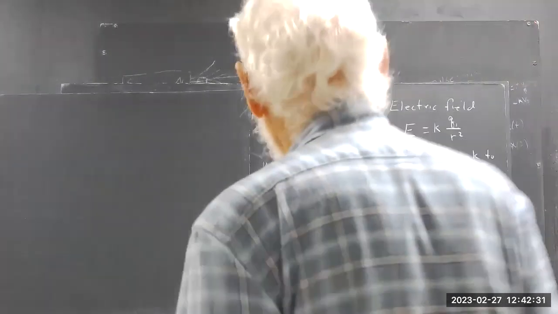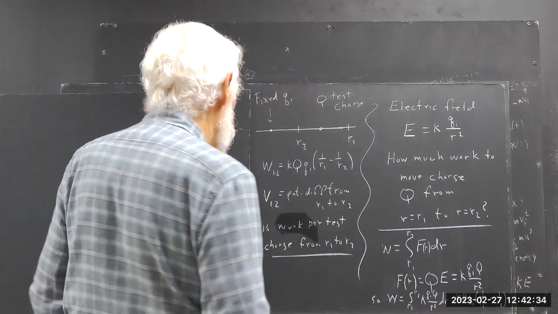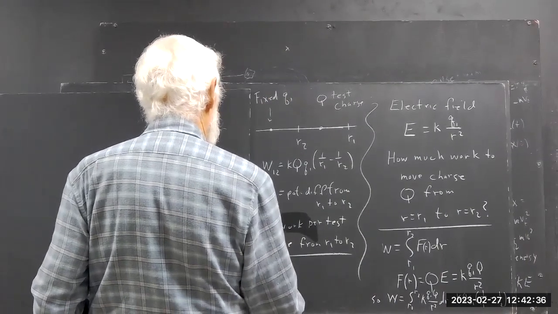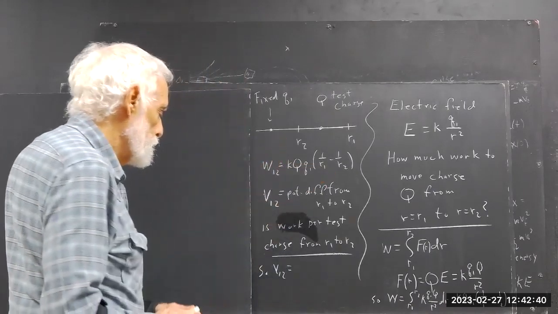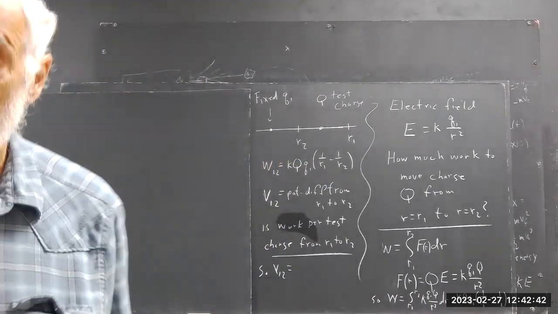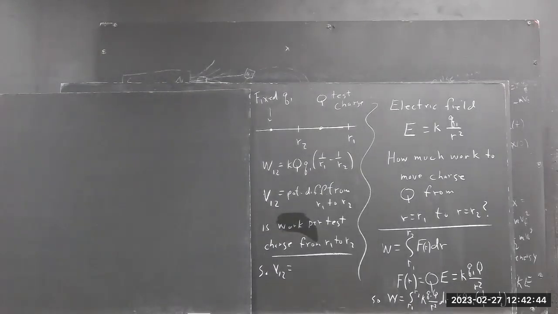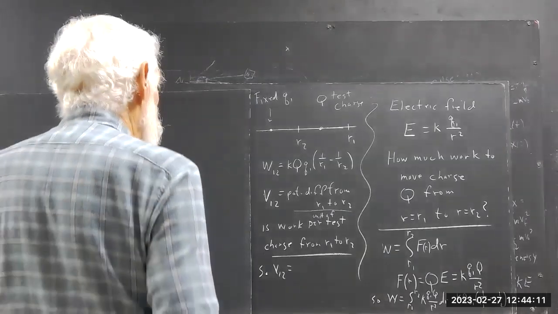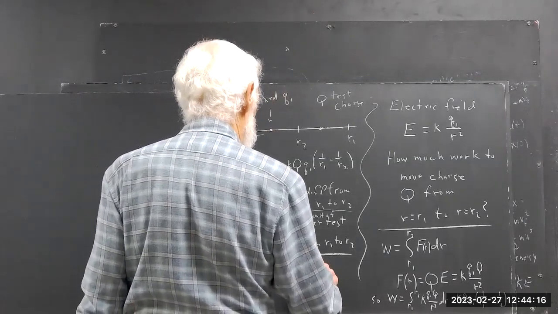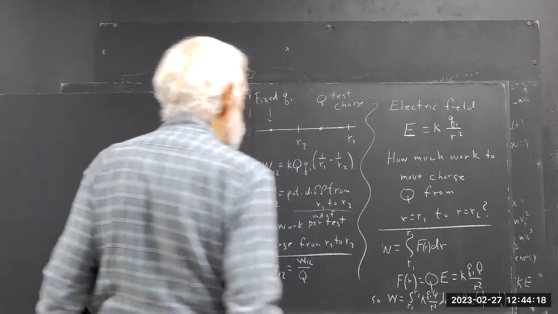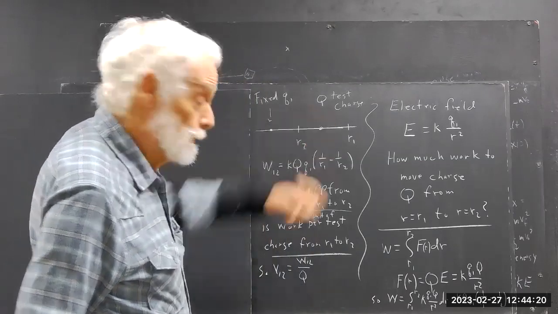And what would that be? So V12 is the work per unit test charge.